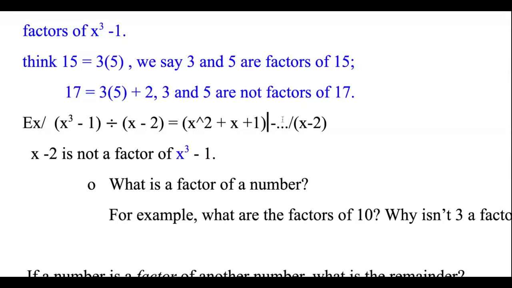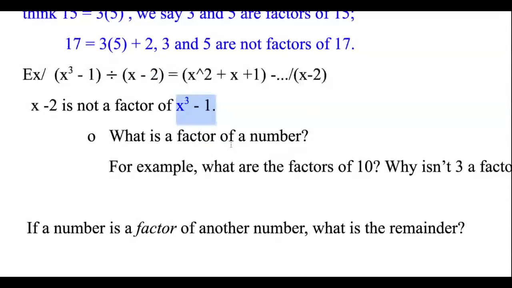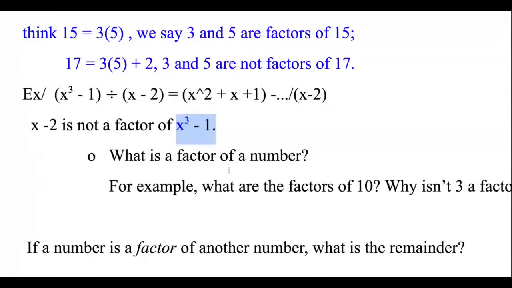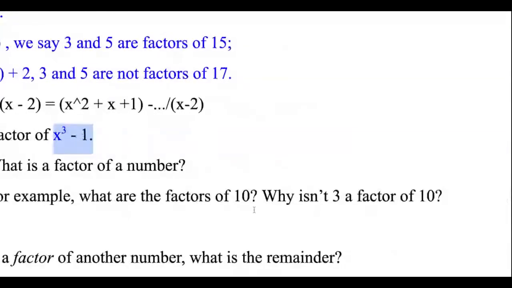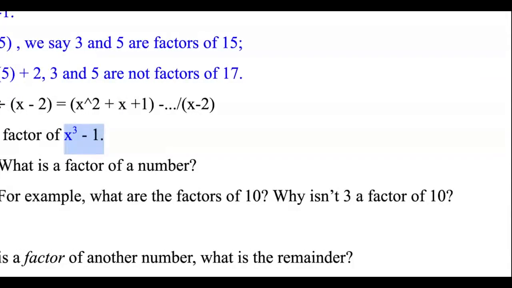So because we have this remainder, we know x minus 2 is not a factor of x cubed minus 1. What is the factor of the number? For example, what are the factors of 10? So 3 is not a factor of 10, right? But 2, 5, 1, 10 are factors of 10.